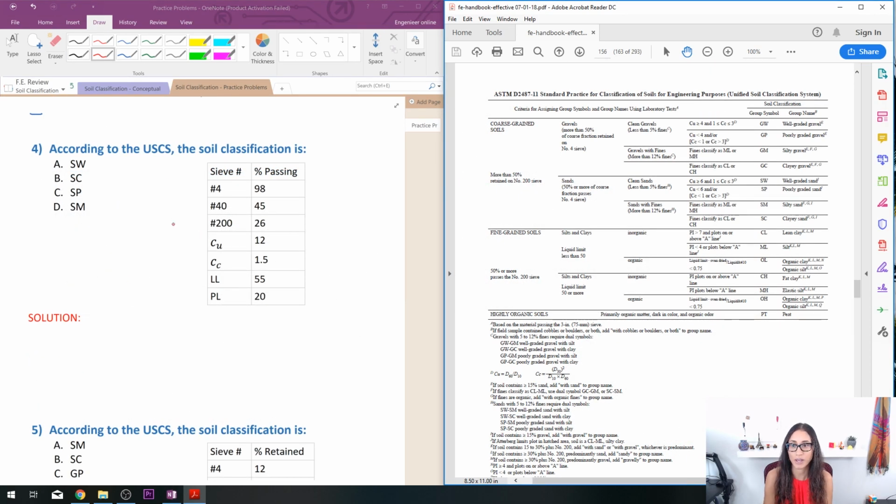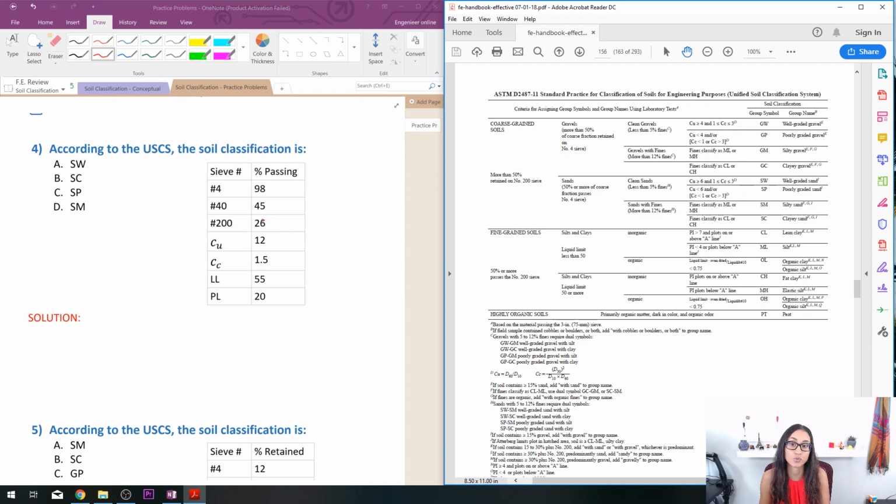Next question. We have the same question as before, just with different properties. Again, we always start with sieve number 200, because that's the one that defines your soil as either coarse or fine. Sieve number 200 has 26 percent passing, which means it's going to be this one, because more than 50% is retained.